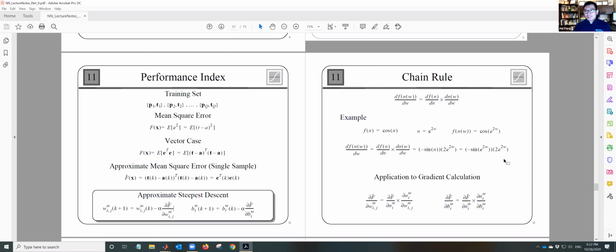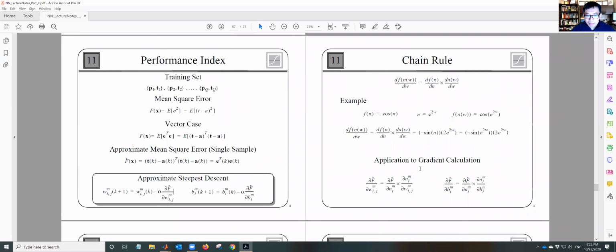So this is why people design this multilayer neural network, because it gave us the advantage to do the backpropagation of the derivatives. Now, application to the gradient calculation.